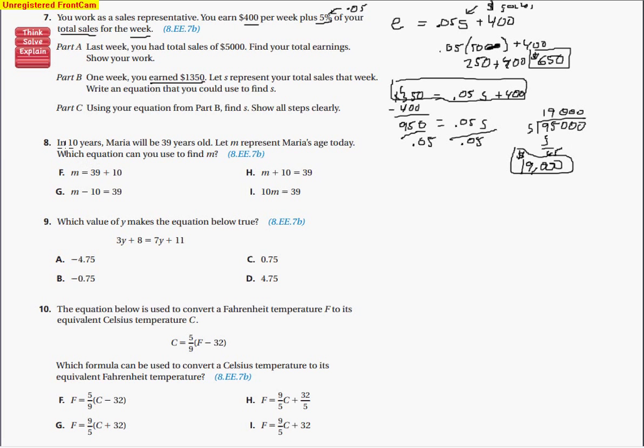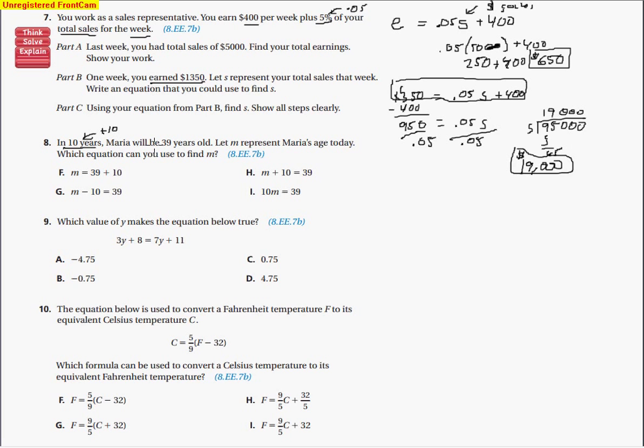So number 8 says, in 10 years, Maria will be 39 years old. M represents Maria's age today. Which equation can we use to find M? And so, in this case, looking at it, it says in 10 years. So in 10 years, that means in the future. So you're going to end up adding 10 years.